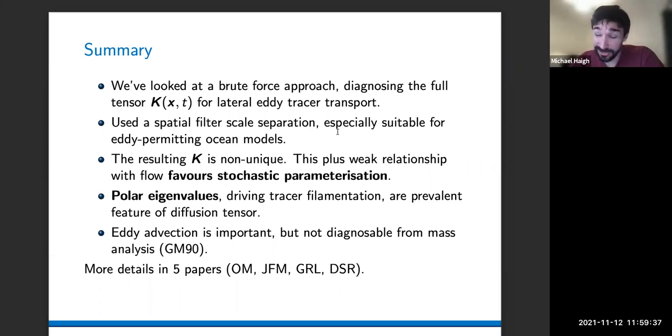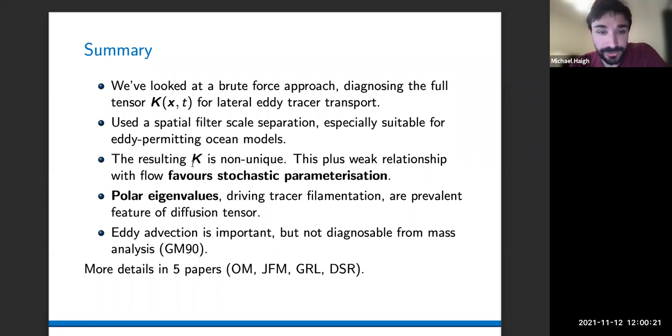This kind of spatial filter approach is arguably more suited to eddy permitting ocean models as opposed to non-eddy resolving, but I would argue that it's also applicable to non-eddy resolving models as well. The resulting transport tensor that we get from the flux gradient relation is non-unique, so it depends on the tracer for which we calculate it. Given this, and the fact that we observe a relatively weak relationship between the transport tensor and features of the large scale flow, it suggests that a stochastic parameterization for K might be more suitable.